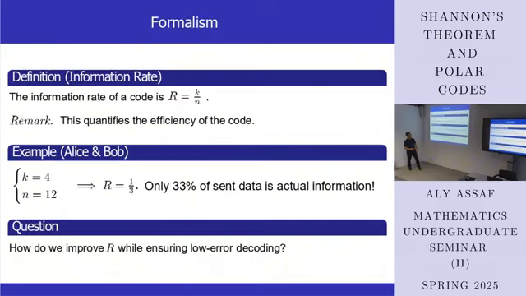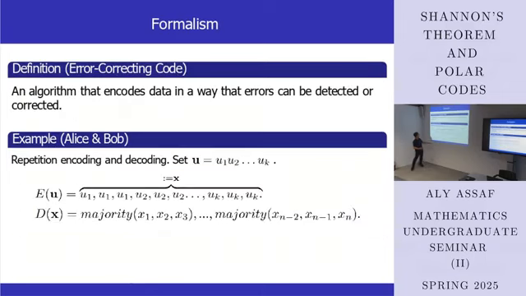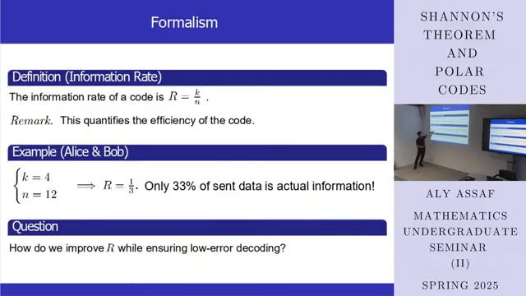So the information rate is a measure of a coding scheme of how much of the message that I'm sending through the channel is actual useful information and how much of it is redundancy, because here we repeated it several times. In our case, the total length was 12 symbols, and the initial was 4. Remember these two variables, they will come in useful. K is the length of the message, N is the length of the code word.